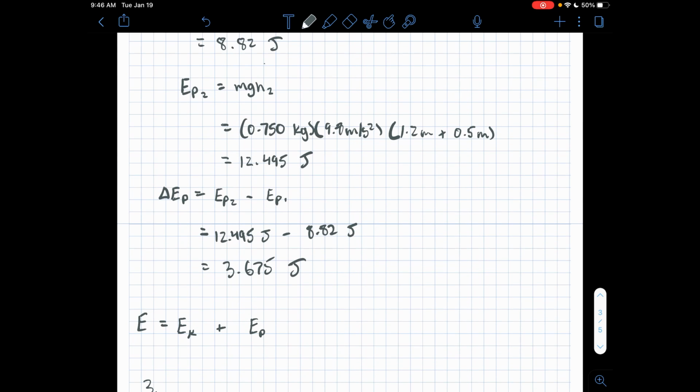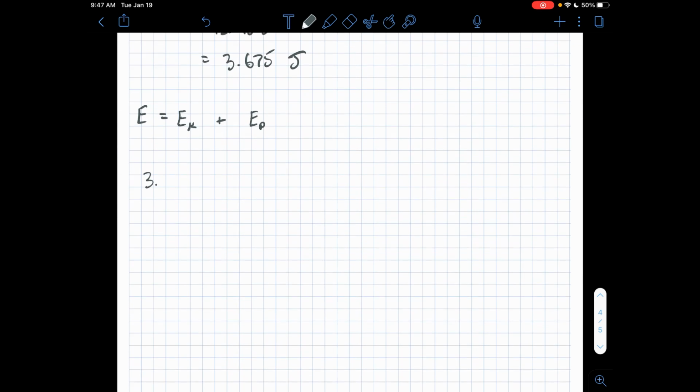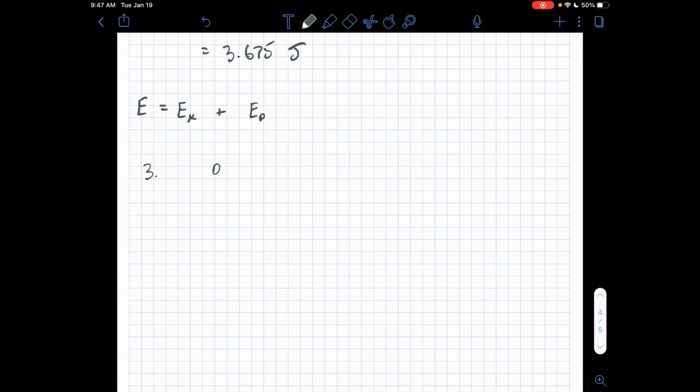So if we just look at what we wrote before right here, this is the maximum potential energy that the ball can have, 12.495 joules. So if we imagine the ball being held up here, this is where 100% of its energy is potential.